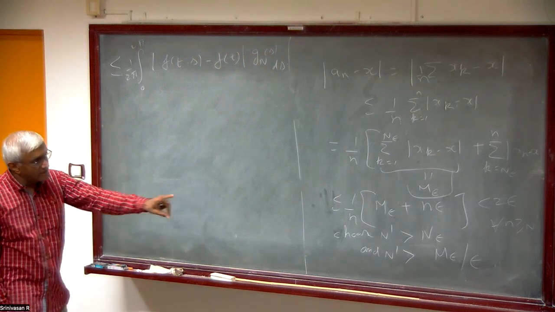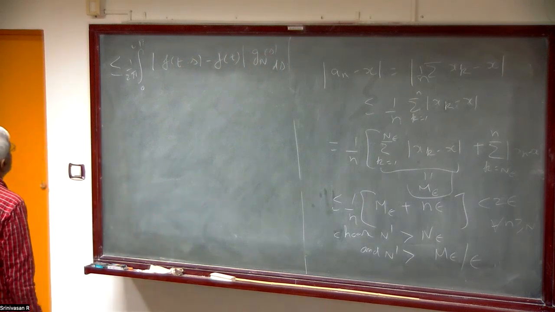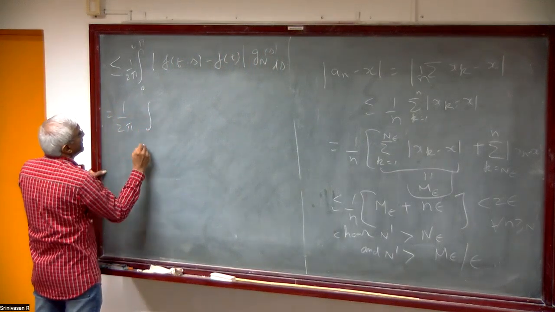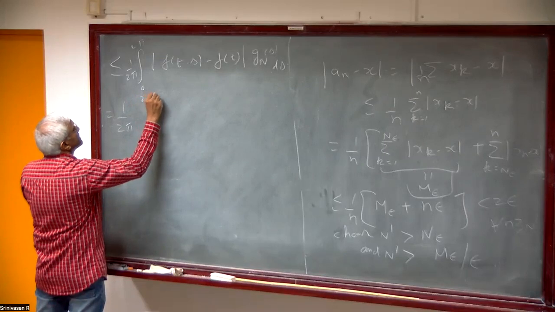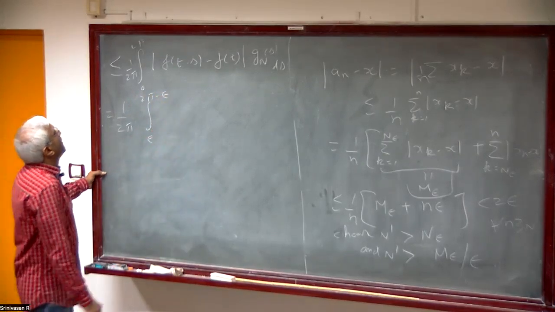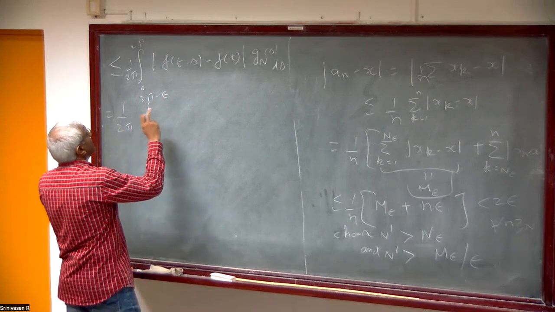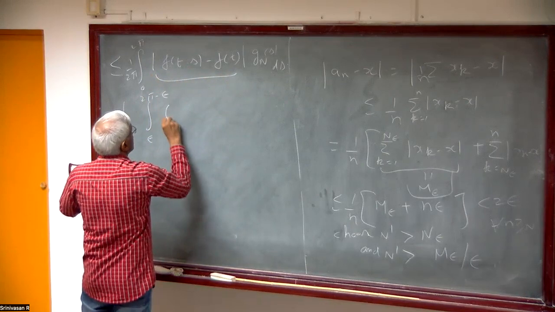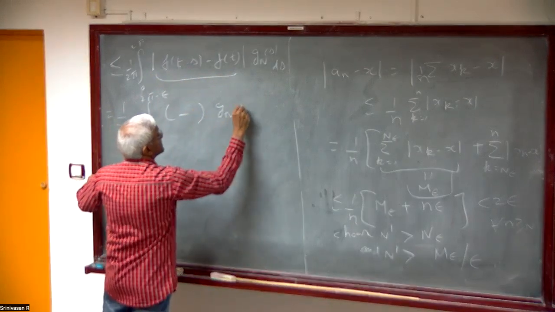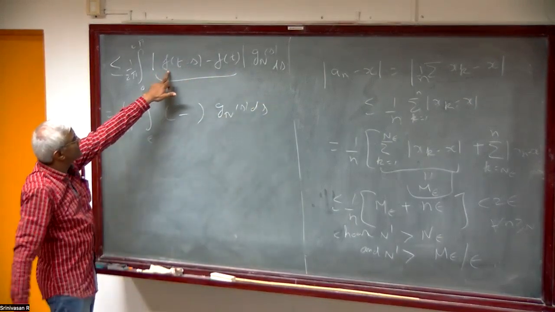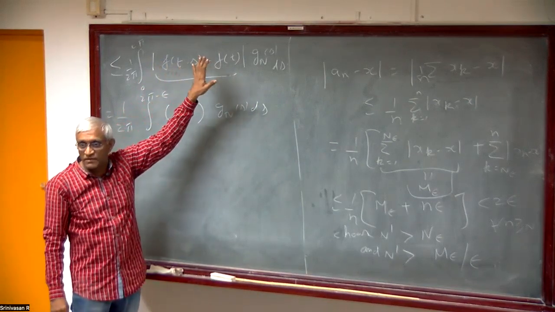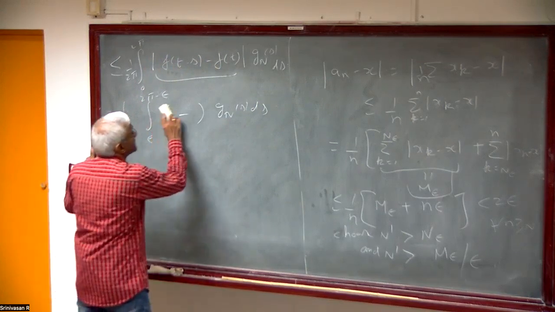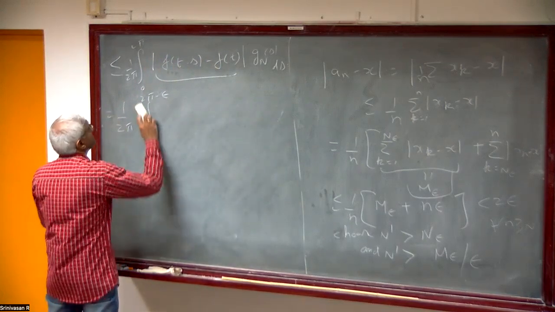Now I have some condition, for every epsilon. So I split it as two integrals. Epsilon to 2 pi minus epsilon, there I have this term times g_n(s) ds. But this term is less than or equal to the sum of the moduli, that is less than or equal to the supremum norm of f.